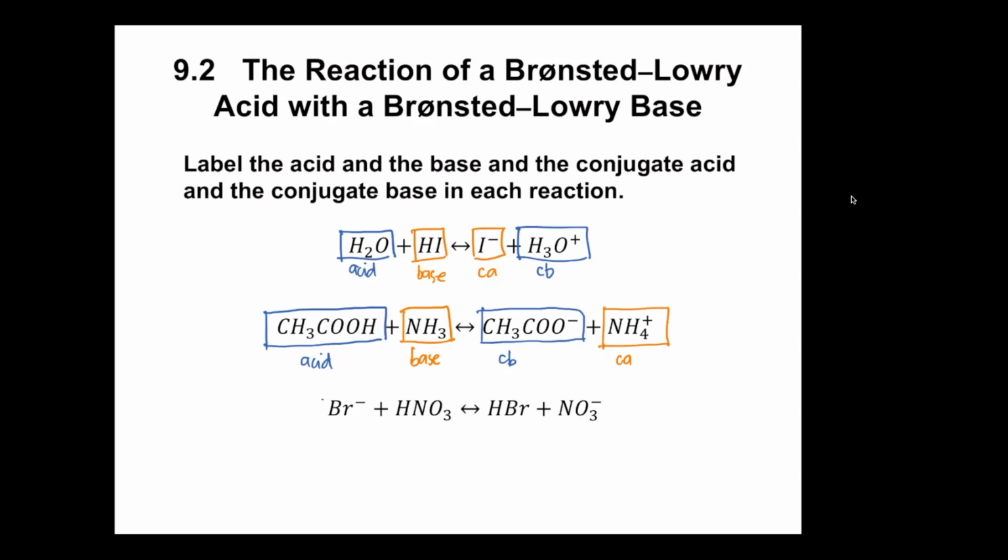So in here, we can see the counterpart ng bromine is HBr, and then ang counterpart naman ng nitric acid is NO3 or nitrate. Okay, so based on this chemical equation, we can say that bromine accepted a proton. That is why it is considered a base, and its counterpart is considered the conjugate acid. Now, for the second one, or the other substances, HNO3 donated a proton. That is why it is considered an acid, and then the counterpart is considered the conjugate base.